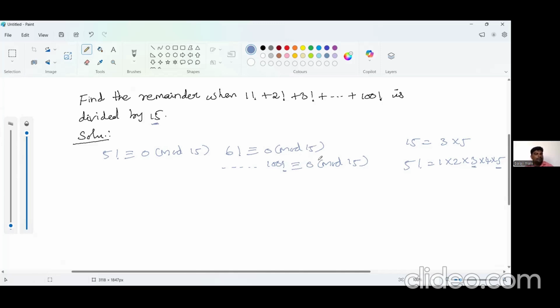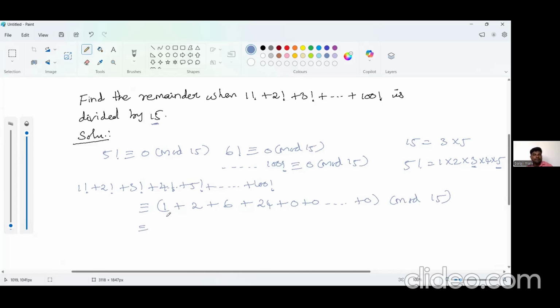Now we find the remainder from 1 factorial to 4 factorial, these four terms. So 1 factorial plus 2 factorial plus 3 factorial plus 4 factorial plus 5 factorial and so on up to 100 factorial is congruent to 1 plus 2 plus 6 plus 24, and from 5 factorial onwards the remainder is 0 modulo 15.